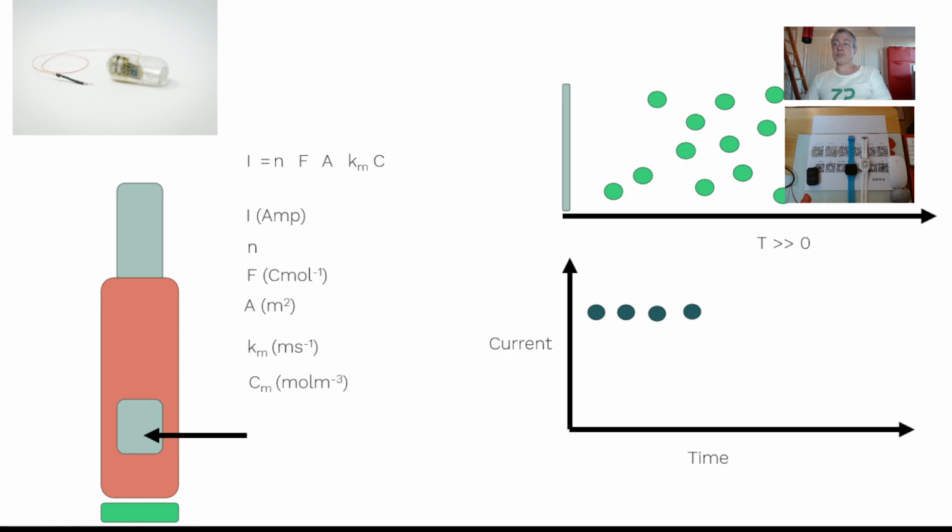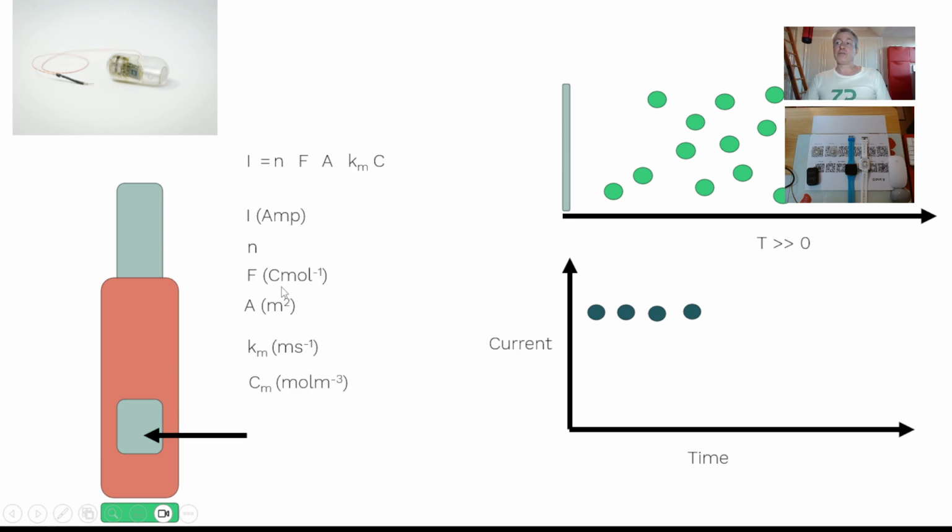So this I here is defining a bare electrode where there's some sort of forced mass flow, stirring, shaking, flowing, whatever. And then the current is proportional to N and F. N you can't do anything about, F you can't do anything about, A you control, Km is how much you're flowing or stirring, and C is how much of that electrochemically active molecule you actually have in that solution.